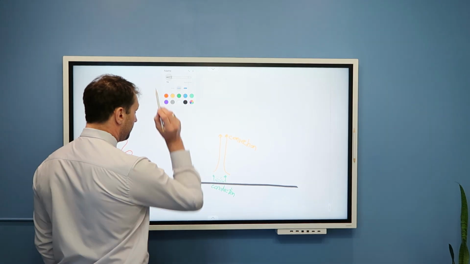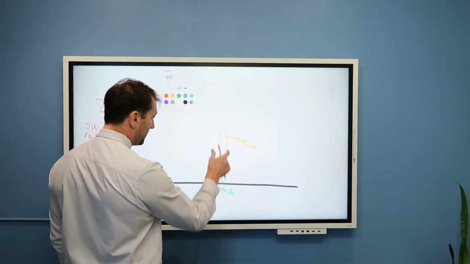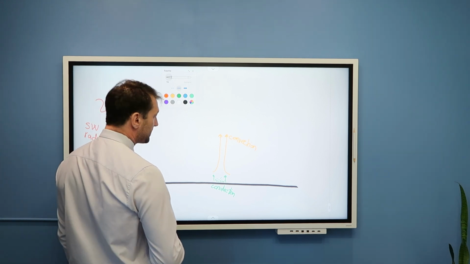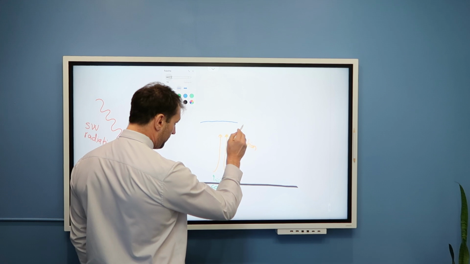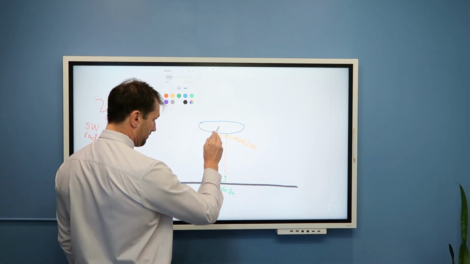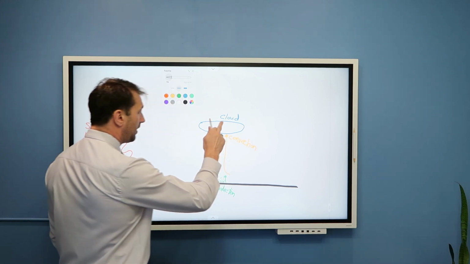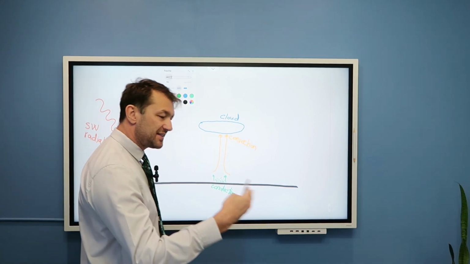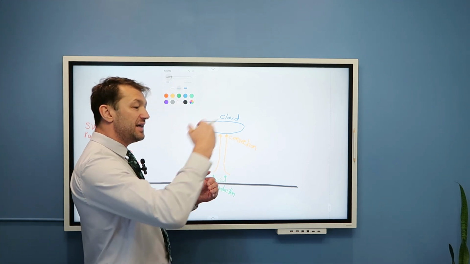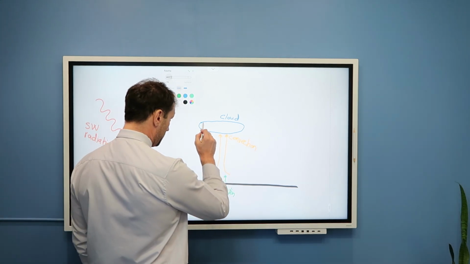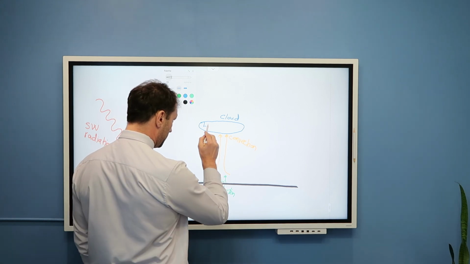Now, if we have water vapor that is present in this parcel of air that is rising, we might even have cloud forming here. And cloud means condensation of water vapor. So condensation releases latent heat. So that's yet another source of heat for the atmosphere.